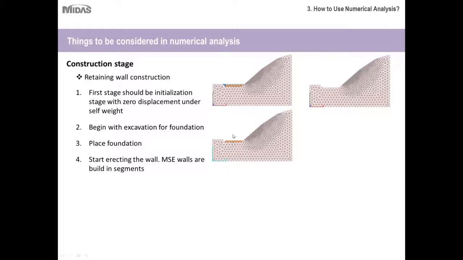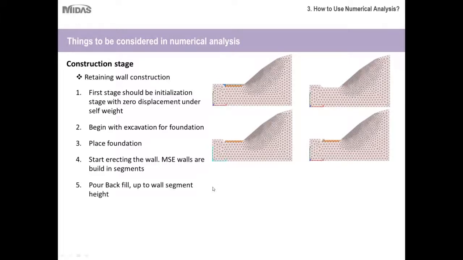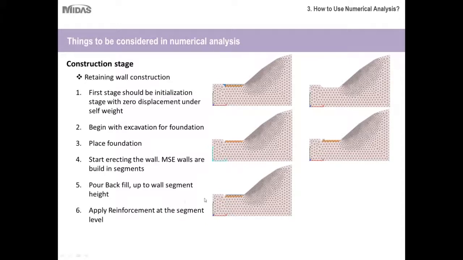And then you'll start erecting the MSE wall, or any kind of wall if it is constructed in segments. So you can see a tiny block placed here. Then you'll pour the backfill up to the height of the segment. So you'll have this backfill material placed, and then you'll apply the reinforcement on top of this backfill to hold the next segment in place. So you'll have this kind of reinforcement laid down.